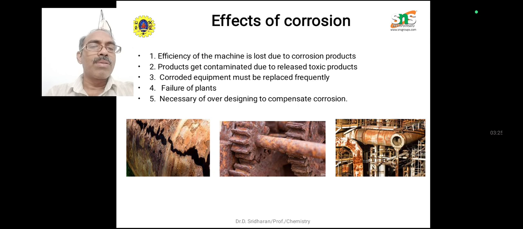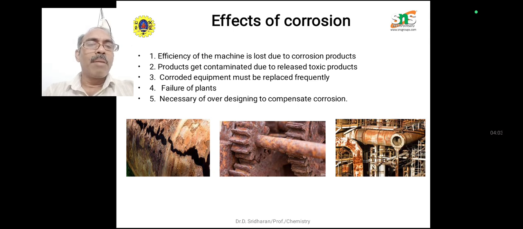Effects of corrosion: many production industries and other industries face trouble due to corrosion. It reduces efficiency and affects production. The efficiency of the machine is lost due to corrosion products. Products get contaminated by toxic corrosion products, as happens in the food industries.